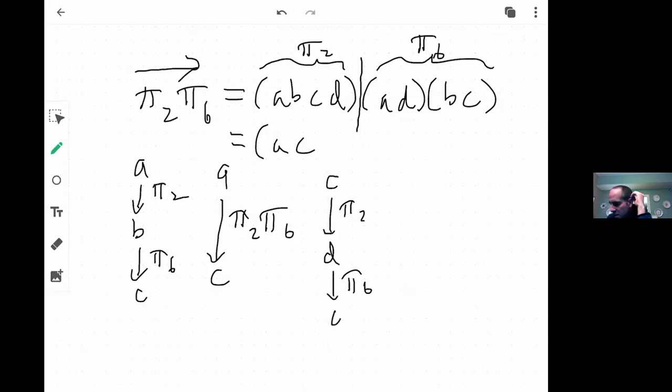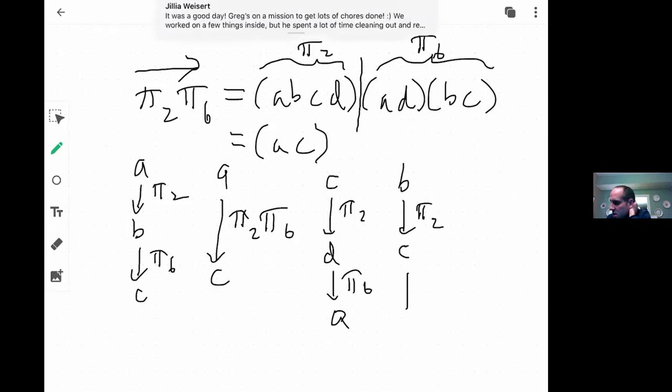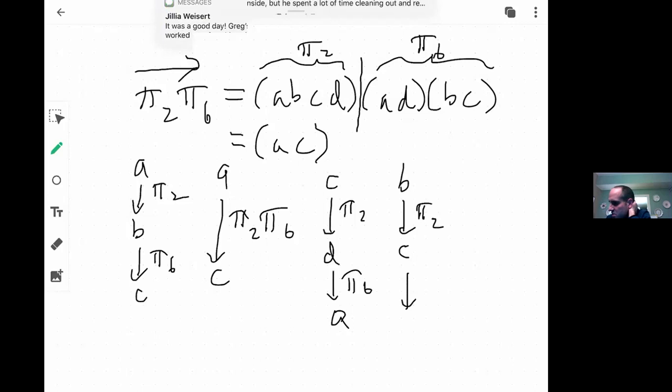That goes back to A. So, lo and behold, pi 2, pi 6, applied in that way, takes C back to A, so this thing gets closed off. So A and C are flipping back and forth. What's something that we have not visited yet? How about B? If I apply pi 2 to B, what do I get? It goes to C. And what happens with pi 6?